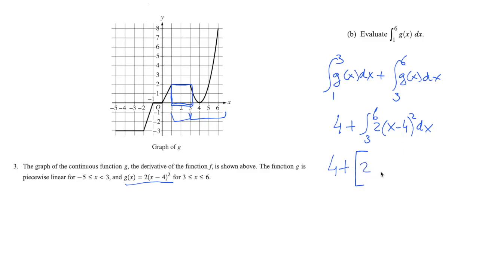So it's 2, and then this is x minus 4 to the power of 3 over 3, and everything evaluated from 3 to 6. We don't need to use the chain rule.